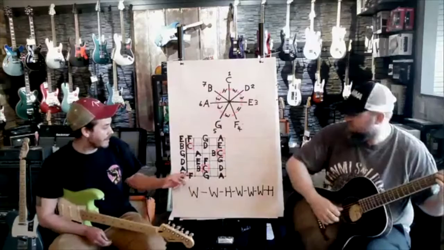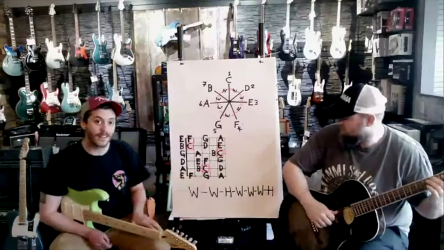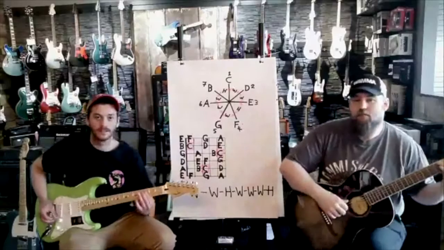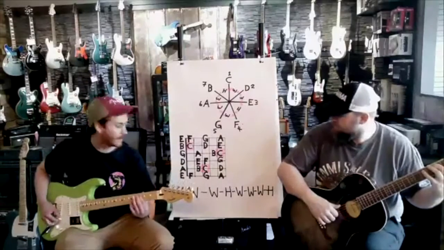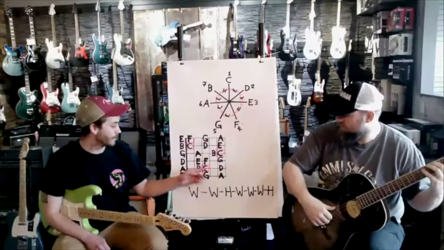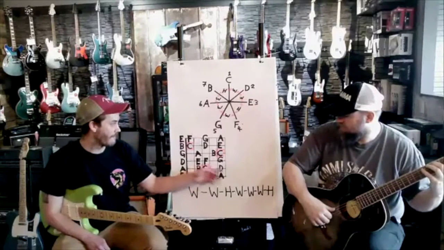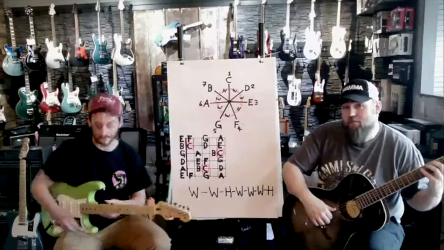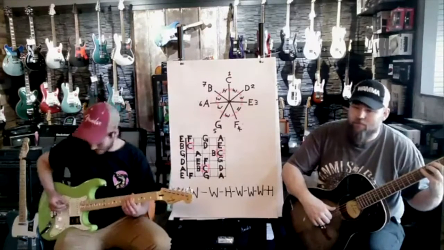We're going to play A string, 3rd fret. That's going to be our C note. That's our root. Now we're going to go to our next note: 5th fret of the A string. That's our D note.